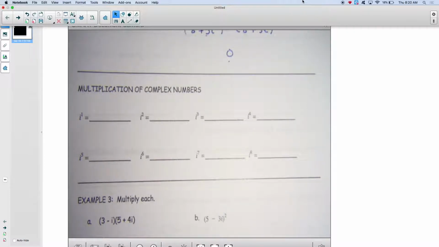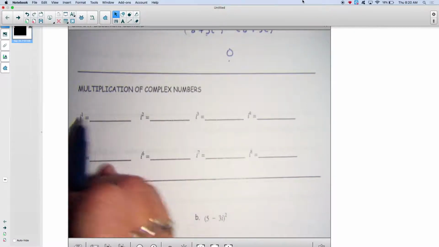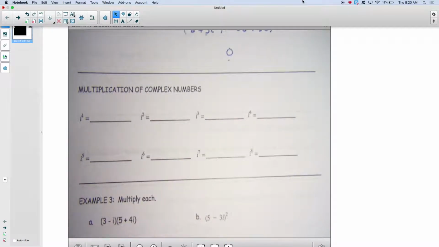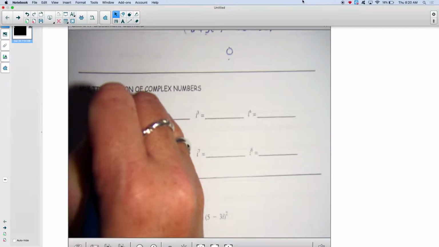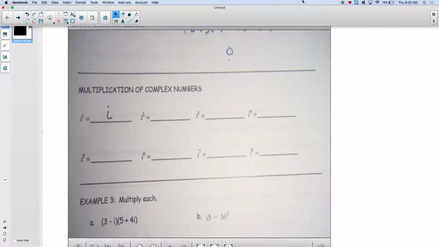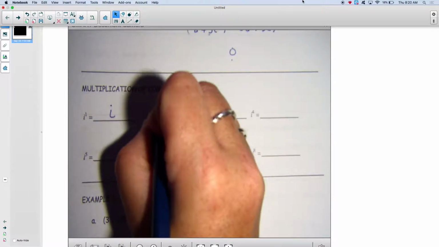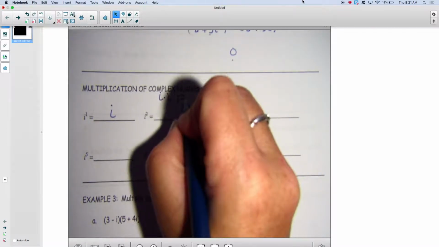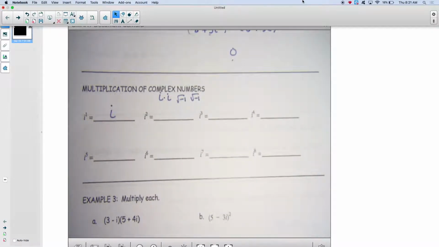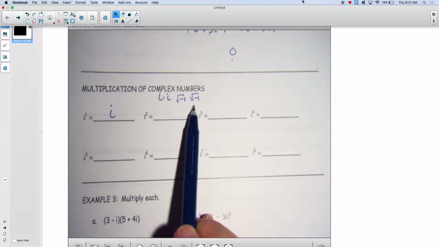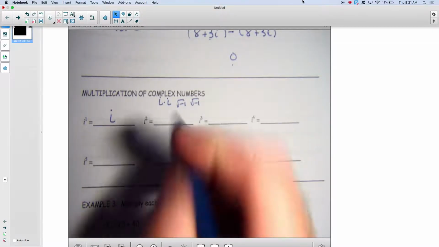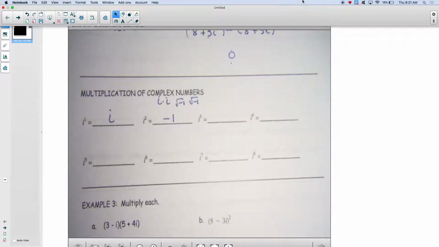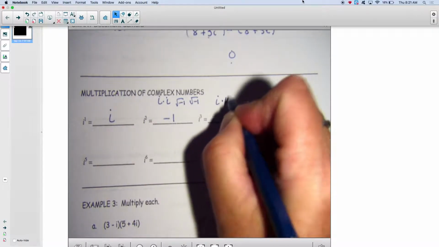Multiplication of complex numbers. Well, i to the first is just i. Well, i squared means i times i. Well, i is the square root of -1, so it's the square root of -1 times the square root of -1, which is what? -1. i cubed is i times i squared, right?